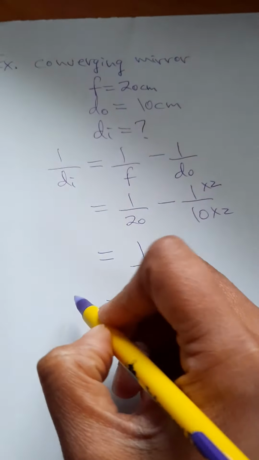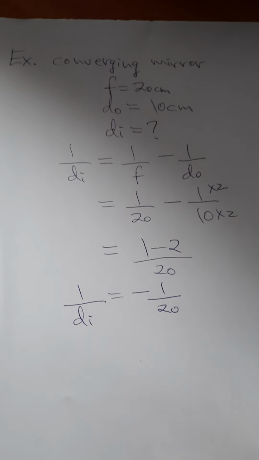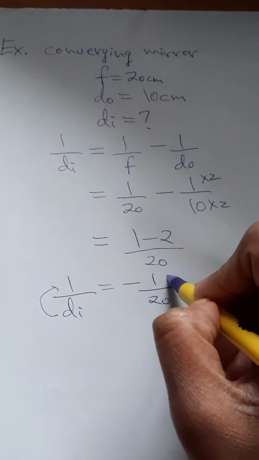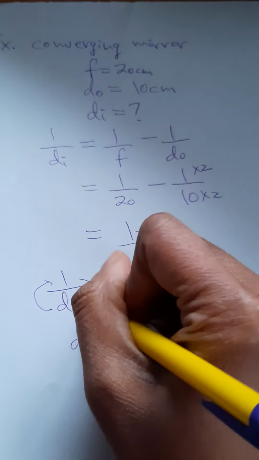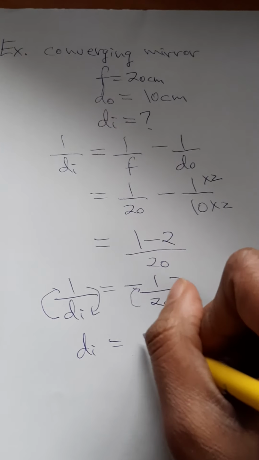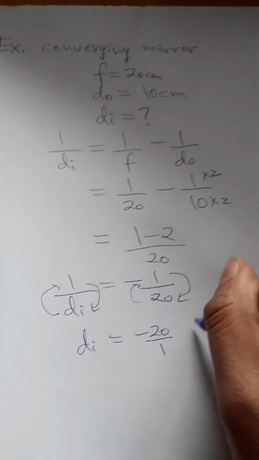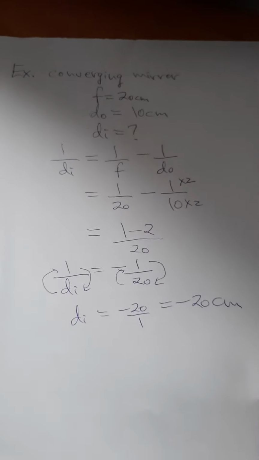One more time, this is 1 over di. So what I want to do here is just flip this over and flip over the second fraction because I'm only looking for di. If you want, you can put 2 arrows so you remember. So di is equal to negative 20 over 1, which is negative 20 centimeters.